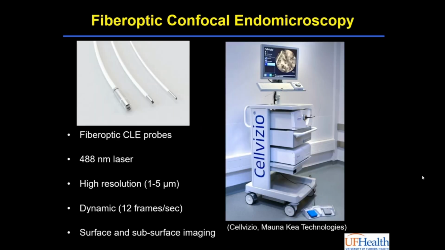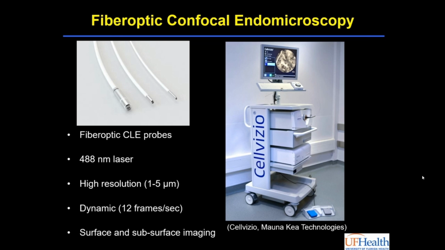Well, from a surgical standpoint, these are also systems available in a fiber optic delivery format. These are fiber optic probes that emit 488 nanometer laser excitation, providing very high resolution dynamic imaging of surface and subsurface imaging.